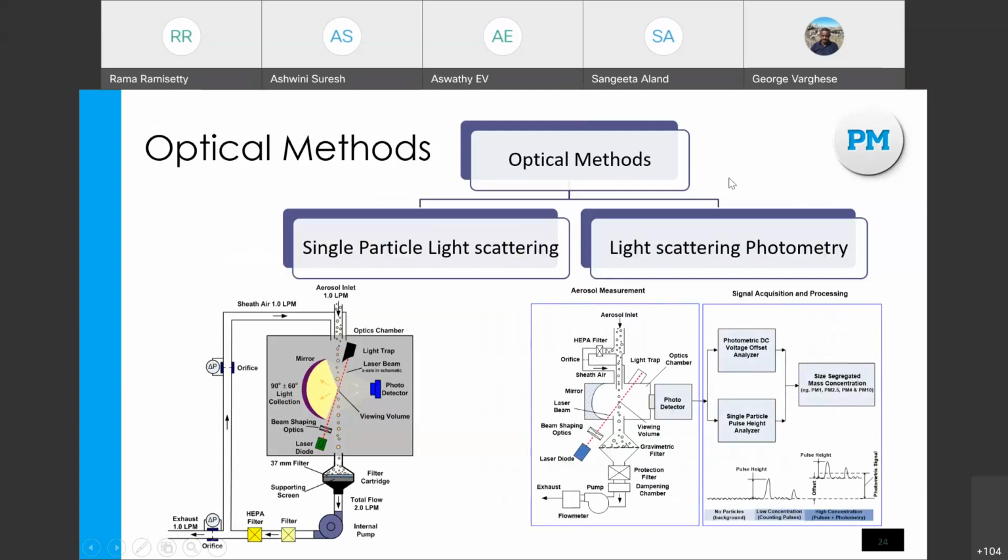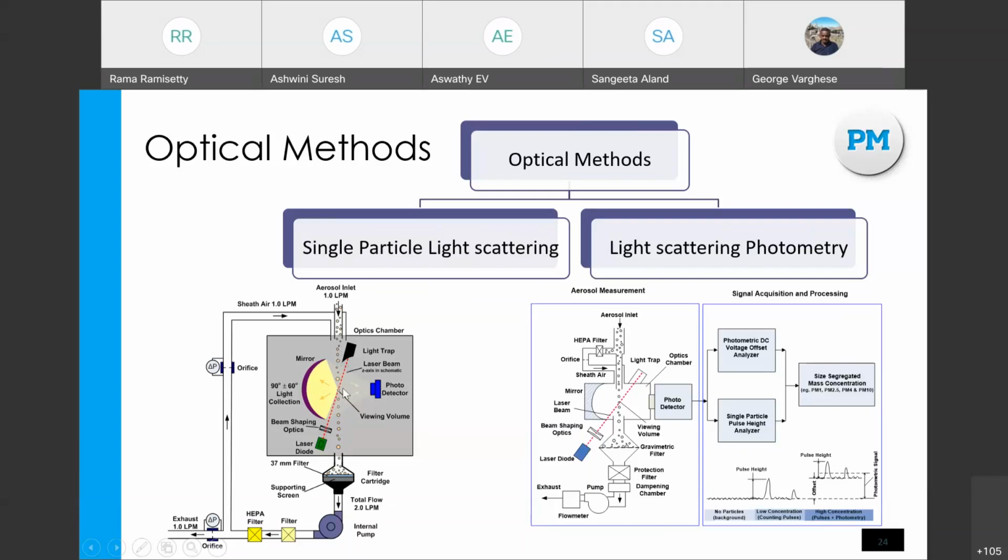We have another family of methods which we call optical methods, which are very popular in the field of particulate mass measurement. In this we have two different techniques: one is the single particle light scattering method, and the other is the light scattering photometry method. In the single particle light scattering method, the instrument pulls the particles in at a certain flow rate, and those particles are shot by a laser.